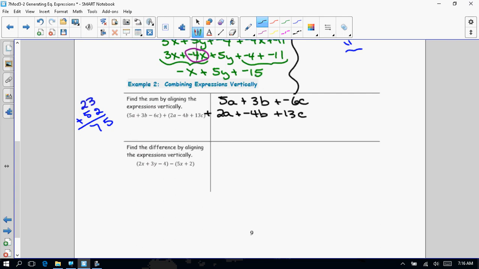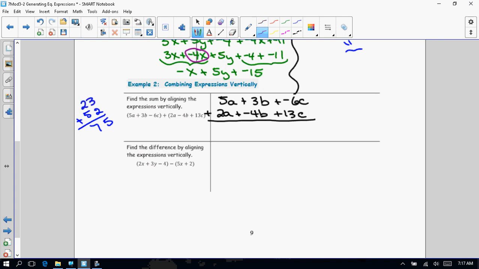And again, the a's, the b's, and the c's all line up like you would if they had just been a regular old everyday number. Now you'll see I don't have to do that whole move things around commutative property stuff because everything is already lined up on top of each other, right? They all just line up vertically. Very nice and easy.